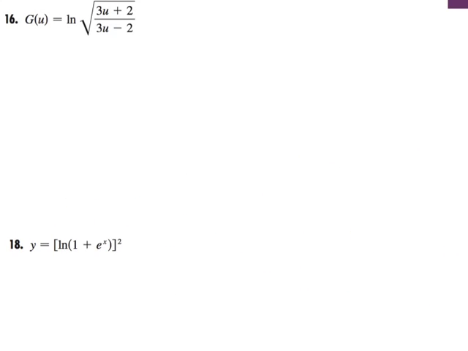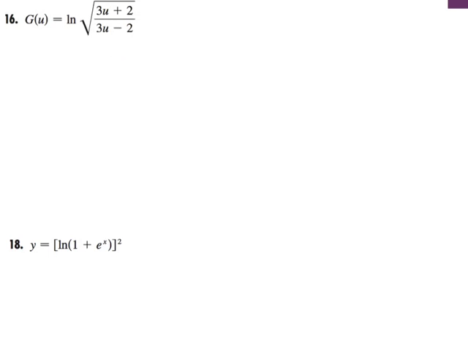Okay, so the video is getting a little long. I'm going to not do as much work for you, but let's just, again, consider how to start these problems. This is the natural log of a square root of a fraction. So you certainly probably don't want to start out with your u prime over u right now, because your u prime, think about how long it's going to take to find a derivative of the square root of a quotient. It's a chain rule with a quotient rule inside, right?